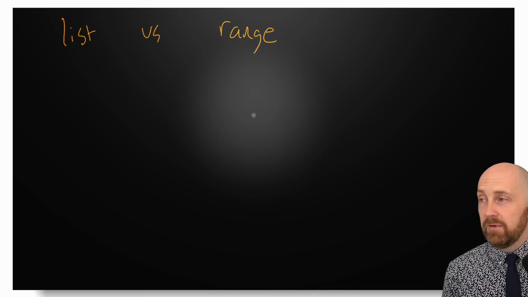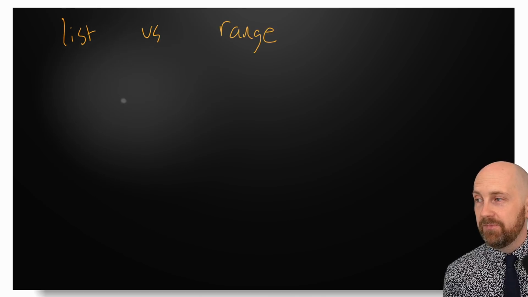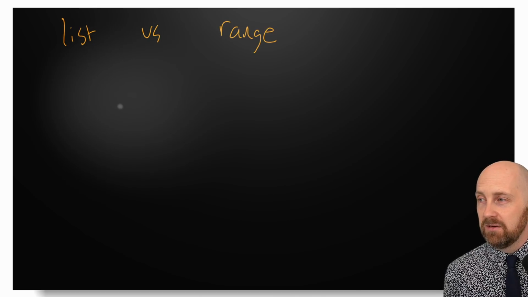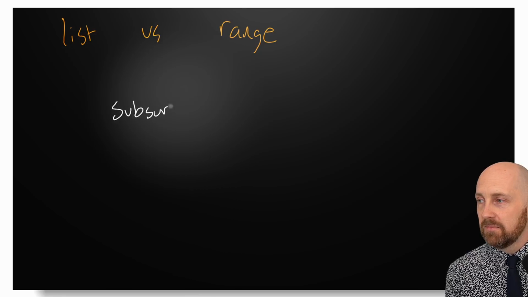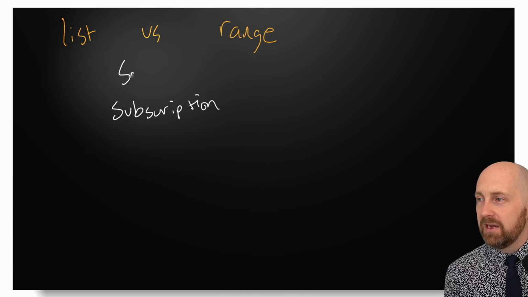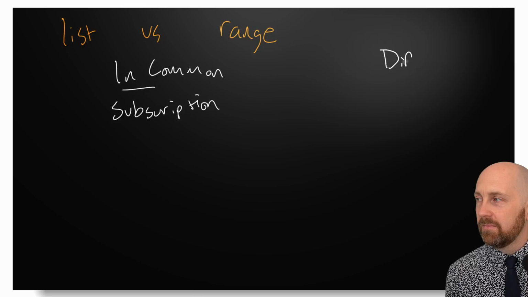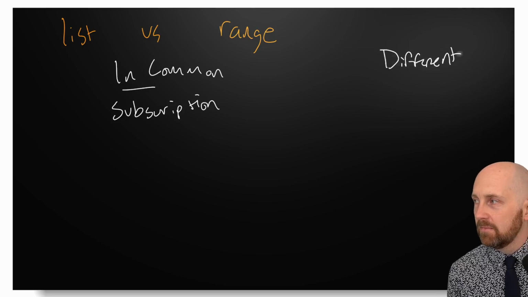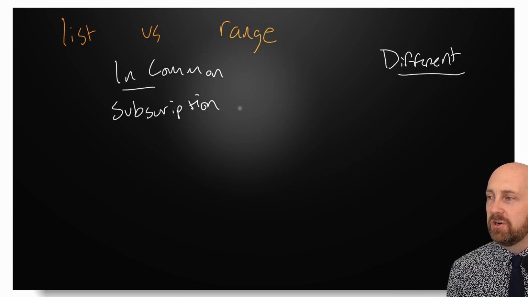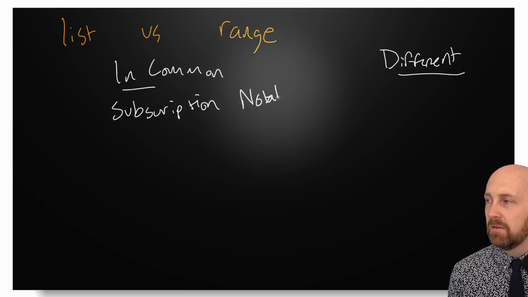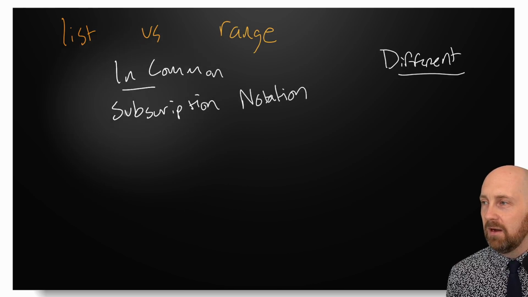These things have some attributes in common, such as subscription notation. And maybe we'll make a list of the things that are the same or in common and different. So subscription notation is the same.